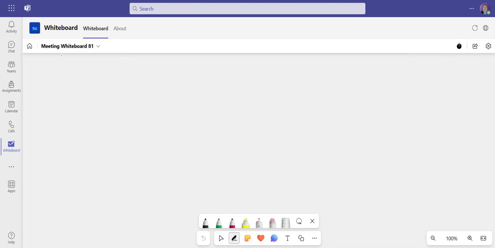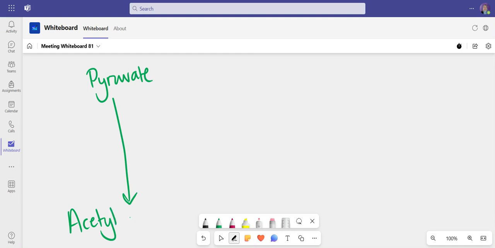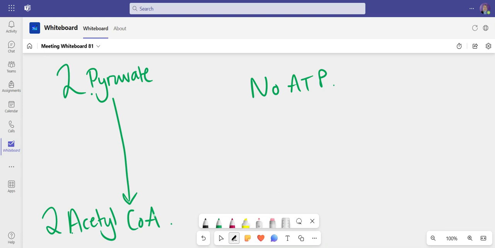So the link reaction starts off with the pyruvate, okay, and the end point is acetyl coenzyme A. You can call it just CoA for short. There's no ATP produced. There's actually 2 pyruvates at the start and therefore 2 acetyl coenzyme A's at the end.